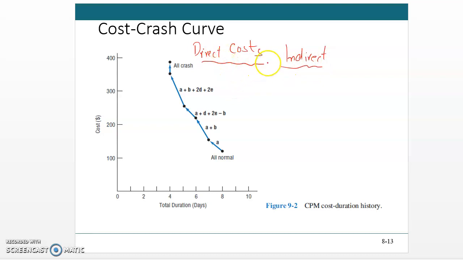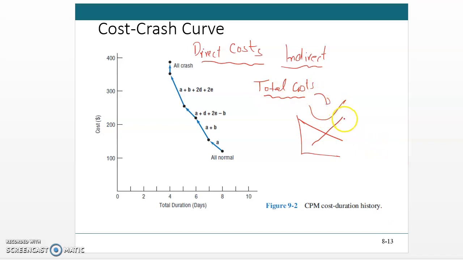If you add these two costs, direct cost and indirect cost, you will get the total cost. So you may expect that with the effect of direct and indirect costs, there may be some optimum level of cost, a kind of optimum curve for the total cost.